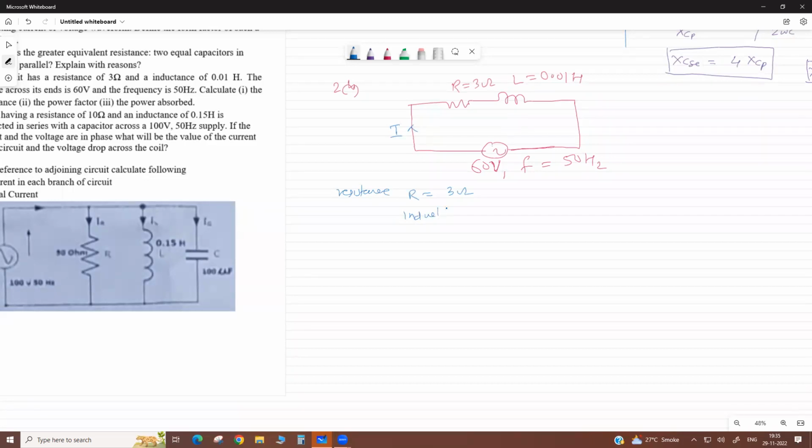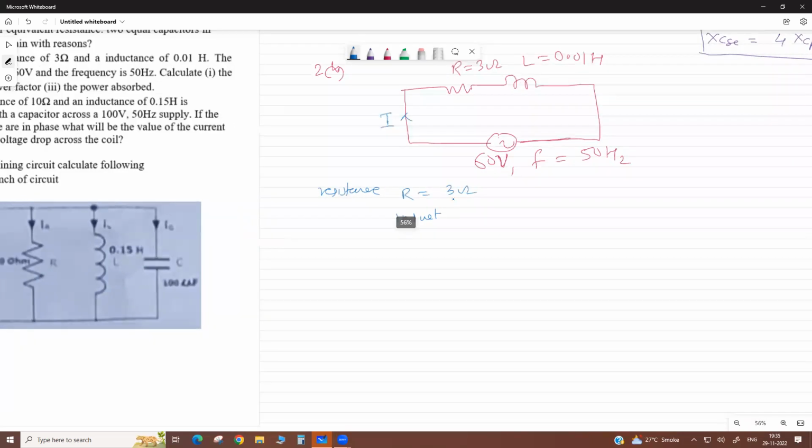Then inductive reactance XL equals omega L equals 2 pi F L, or 2 into 3.14 into 50 into 0.01.